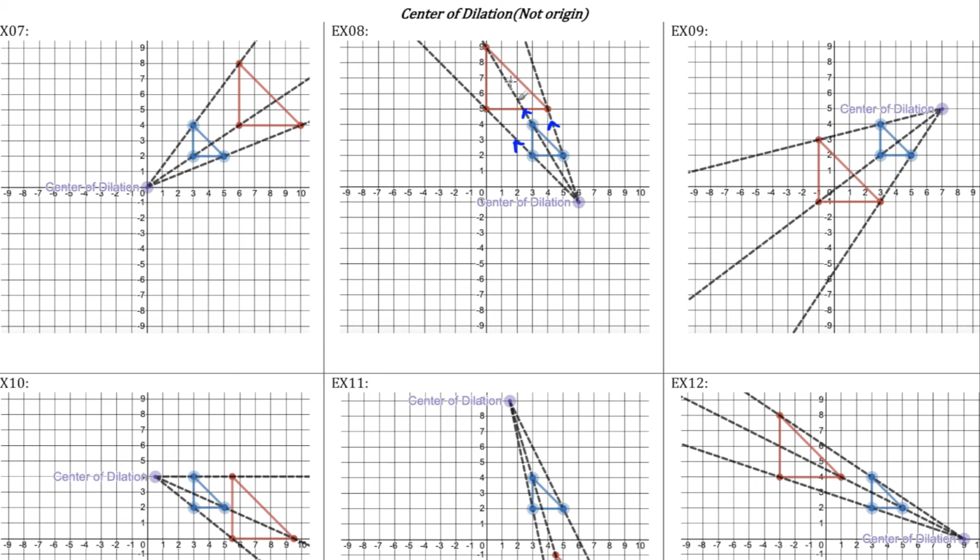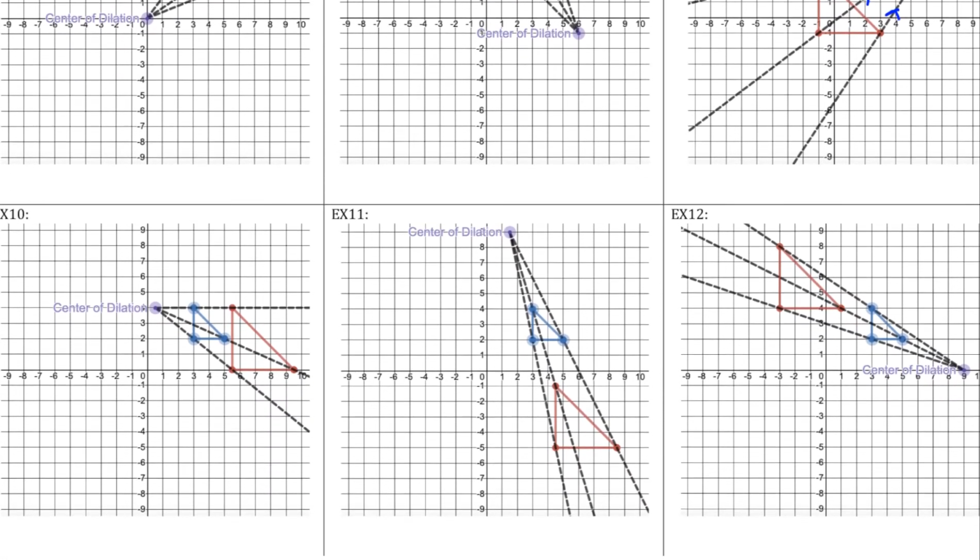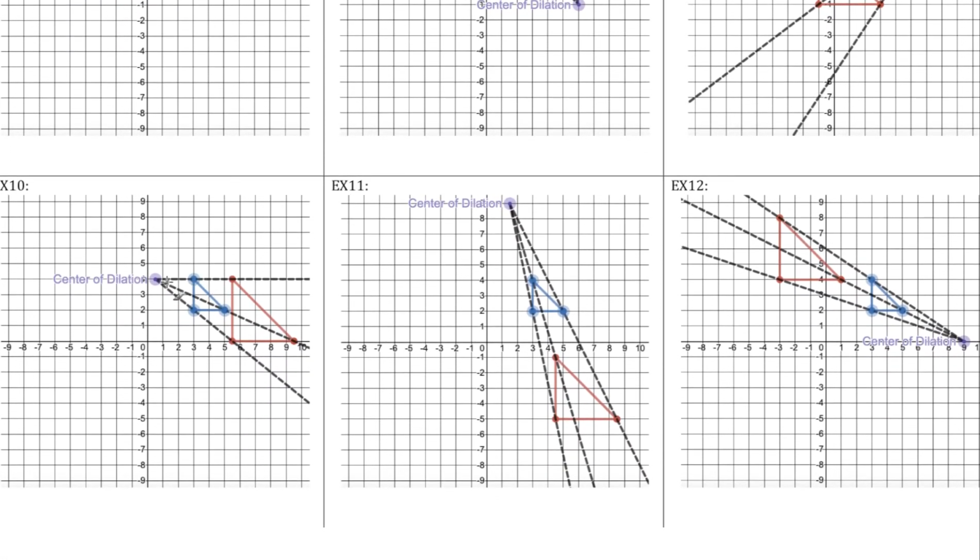Or let's think about it as a reduction. Here's my center of dilation. I have this shape, and I went towards the center of dilation. And this way, we went out from it, or we went in towards it.